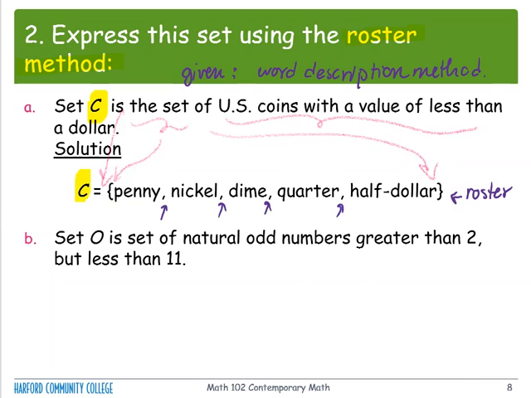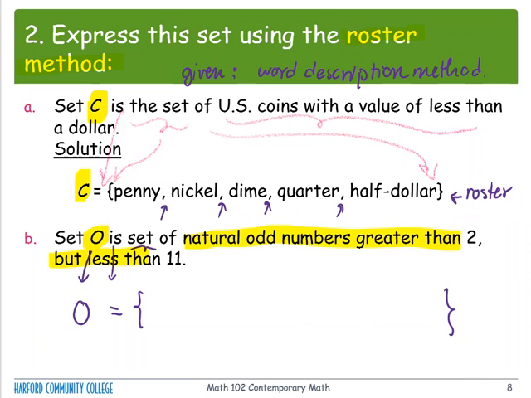The next example, the name of the set is O. Okay, I'll start one by one. The uppercase letter O, equal sign is, the set, the open and close curly bracket. The property of these members: natural odd numbers greater than 2 but less than 11.